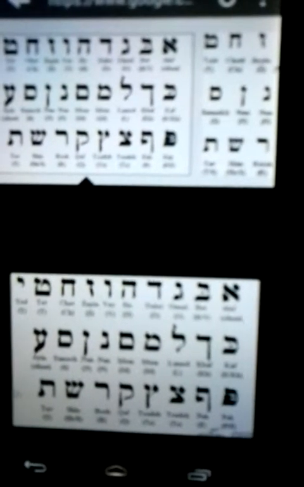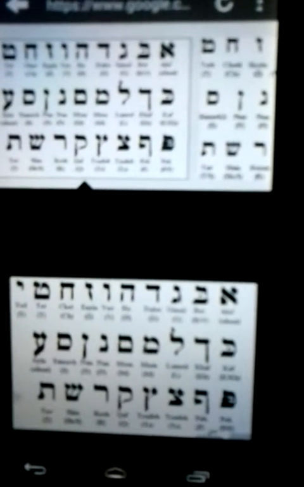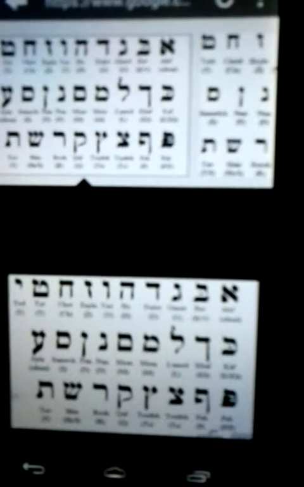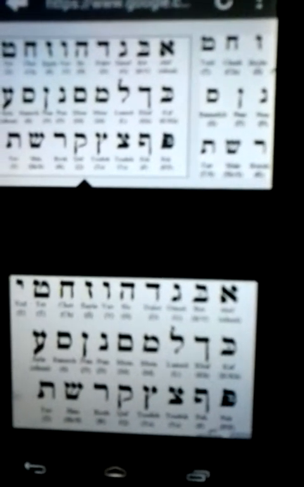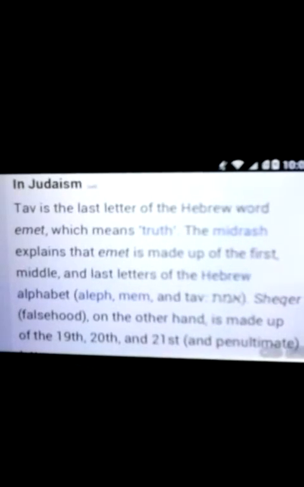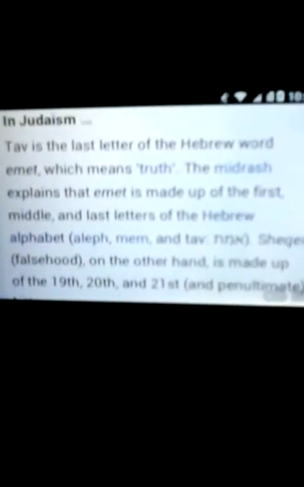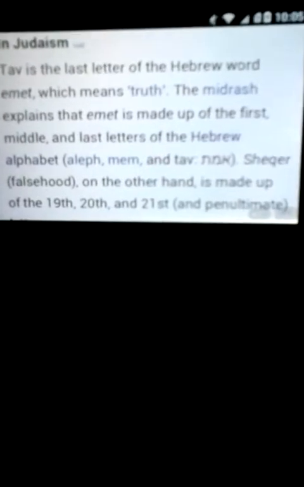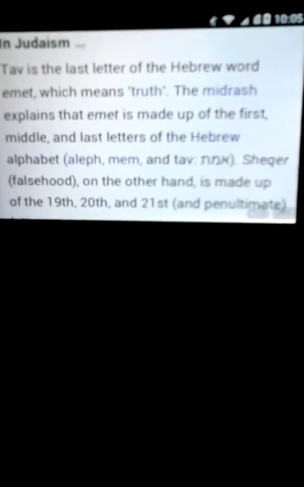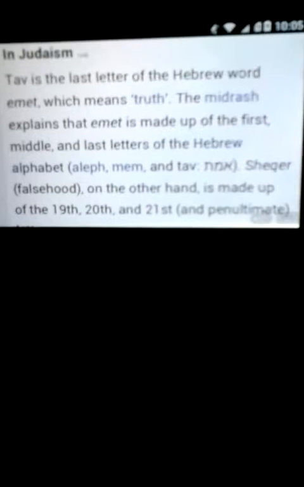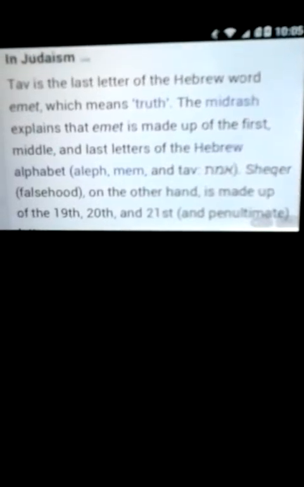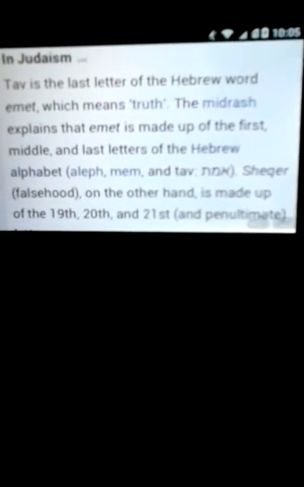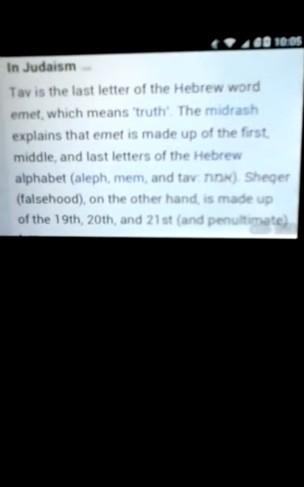That's true. And there is a connection. Tav is the last letter of the Hebrew word emet, which means truth.